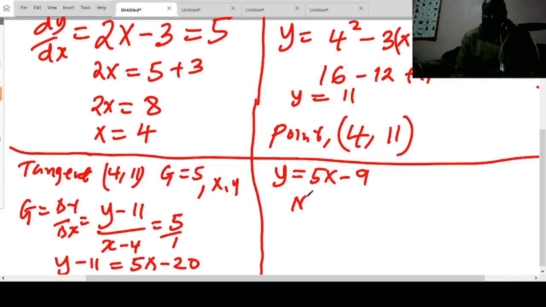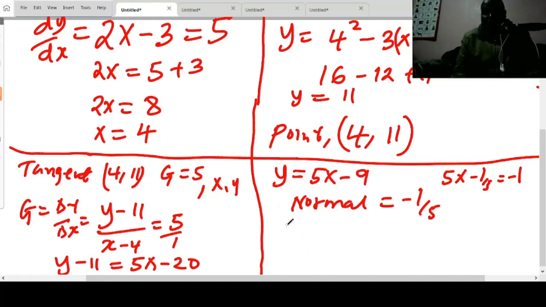Now the normal. If the gradient of the tangent is 5, then the gradient of the normal is equal to -1/5, such that 5 times -1/5, the answer is -1, perpendicular, because the normal and the tangent are perpendicular. Now we have the gradient of the normal, we have the point 4, 11 and the x, y. Now that will help us get the equation, repeat what we have done here.